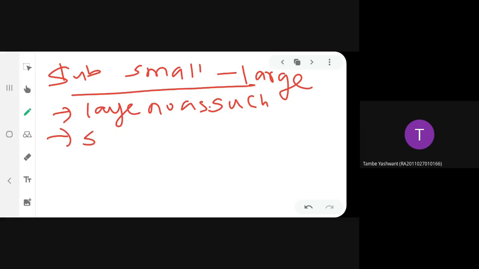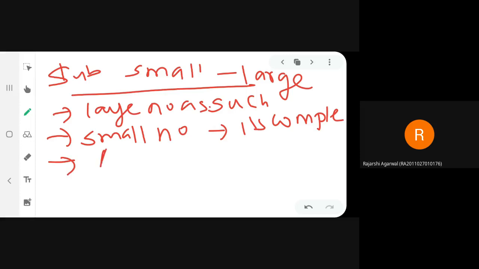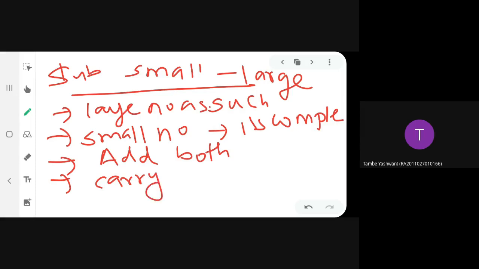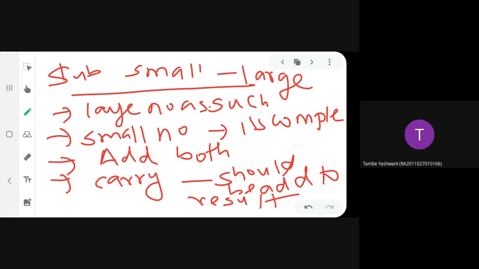But the small number, what do you need to do with it? You turn it into its 1's complement. You know what 1's complement is. Then add both numbers. Then the carry should be added to the result. This is called end around carry. That will give you the answer.